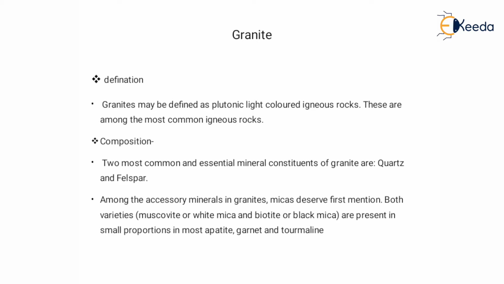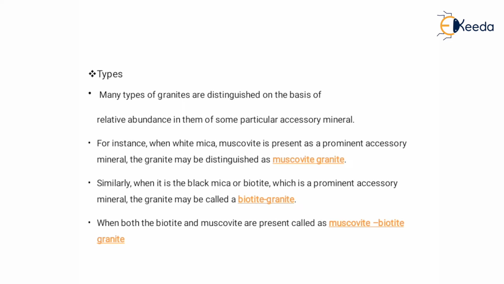It is among the most common igneous rocks. The most common and essential mineral constituents of granite are quartz and feldspar. Among the accessory minerals in granite, mica deserves first mention. Both varieties, muscovite or white mica and biotite or black mica, are present in small proportion. Apatite, garnet, and tourmaline are also present.